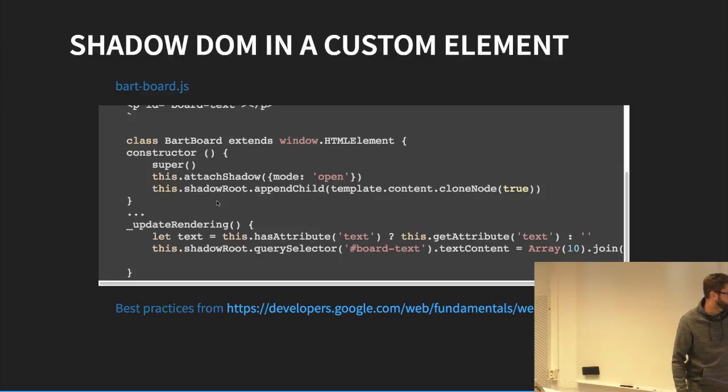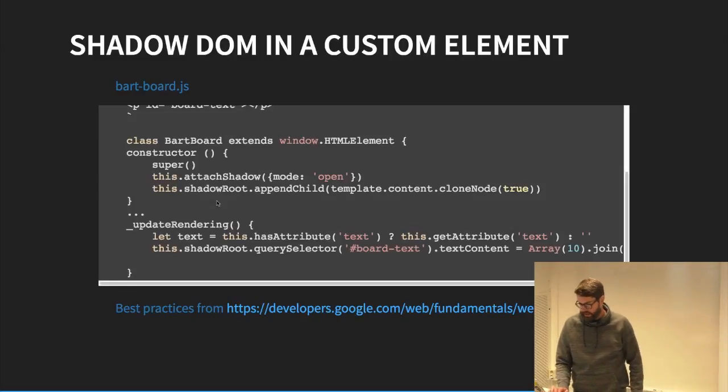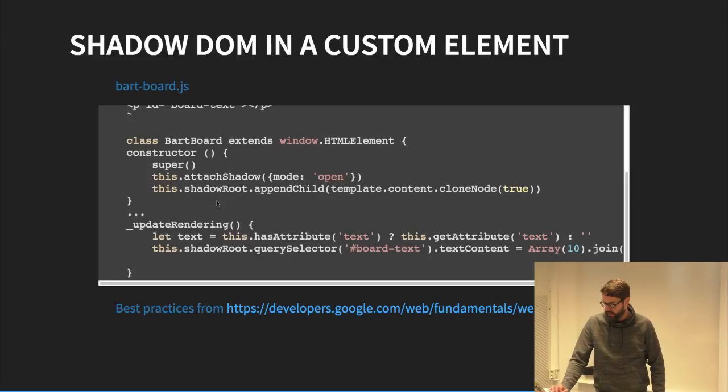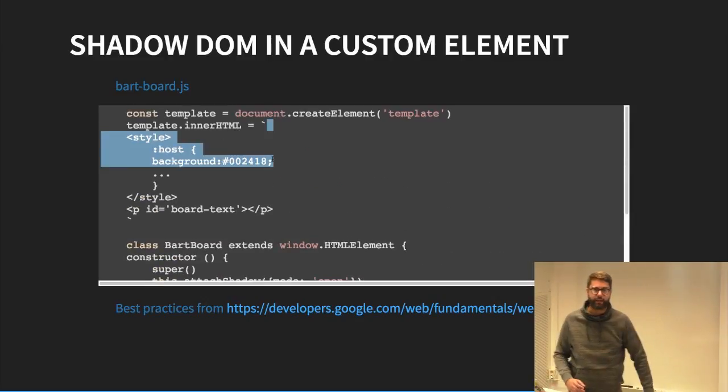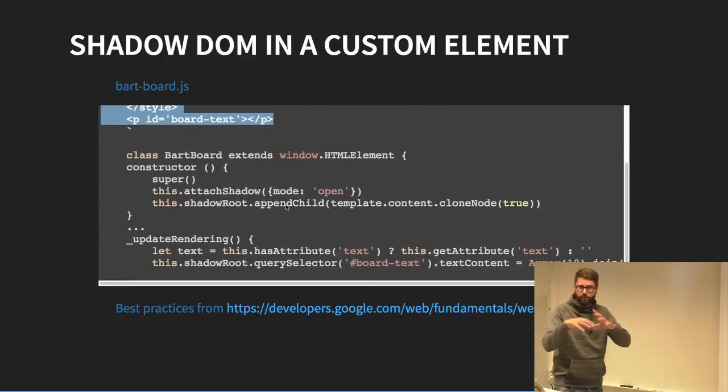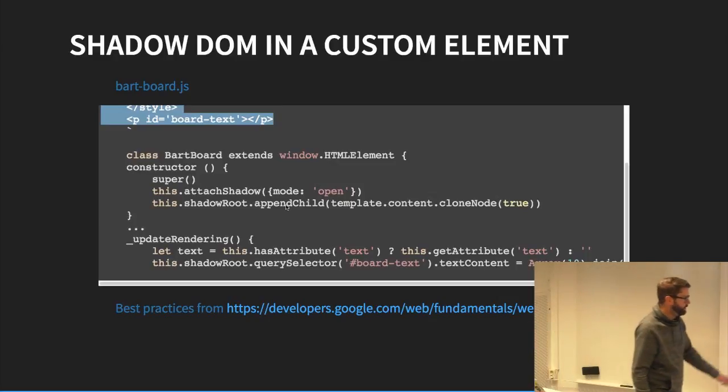And to the shadow root of this element, it has a shadow root, we will append a child, and I clone the template, and it will take all of this and just insert it into my custom element. And the CSS will render as well.